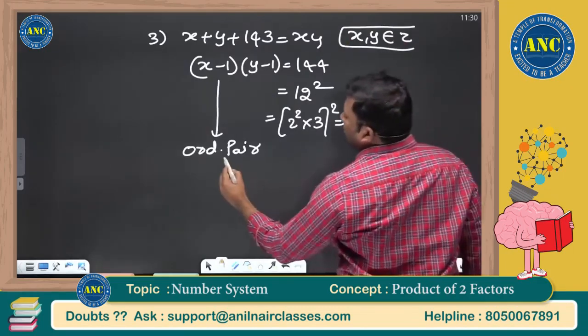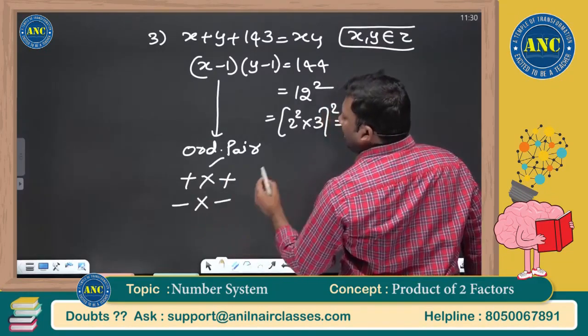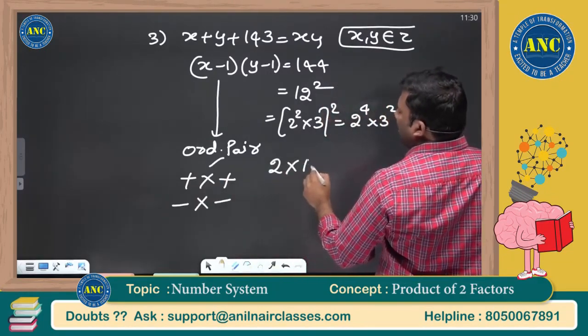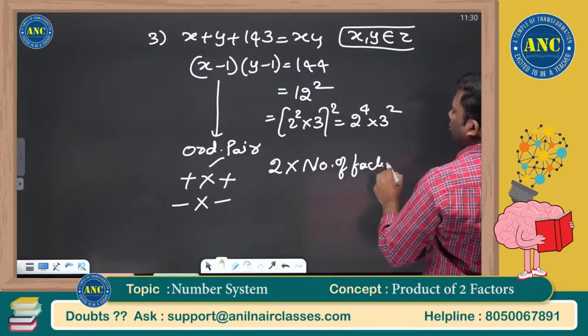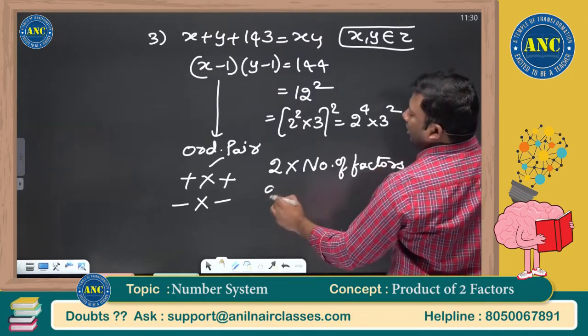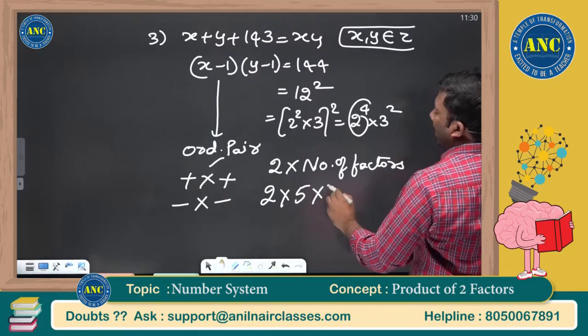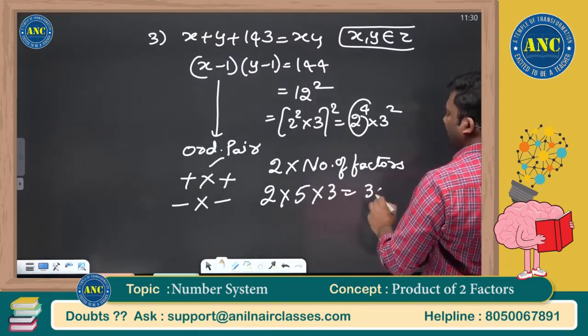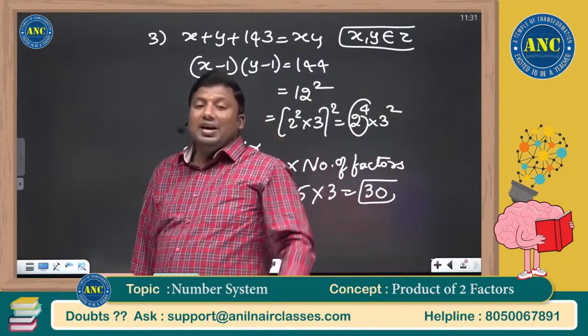If it is integers, I will get two cases, positive into positive and negative into negative. So the answer is 2 times the number of factors. 2 into the number of factors, which will be 0 to 4, 5, and 0 to 2, 3. The answer for this question is 30.